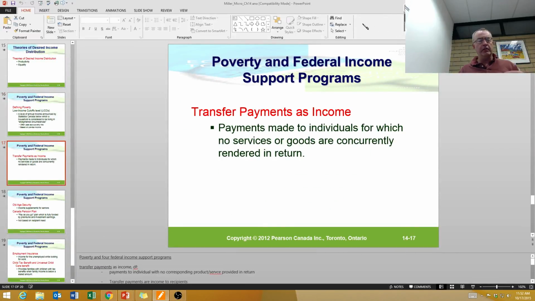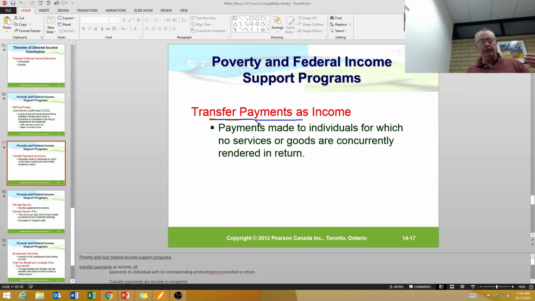So the federal government has several initiatives to address poverty in Canada, and their general approach is through transfer payment programs. As we saw back in chapter 12 or 13, I can't remember, transfer payments are payments from the government to a recipient where the recipient does not have to provide any service of value to the government.